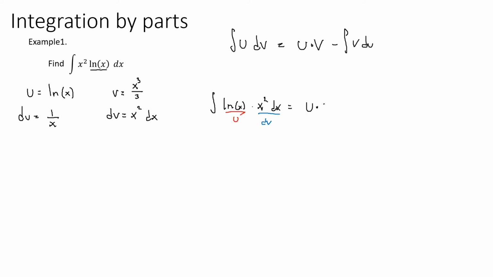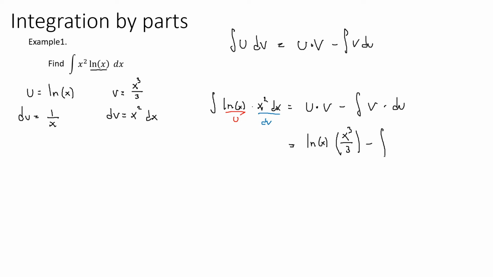u times v minus integral of v times du. So in our case, our u was ln of x, our v was x to the third over 3.